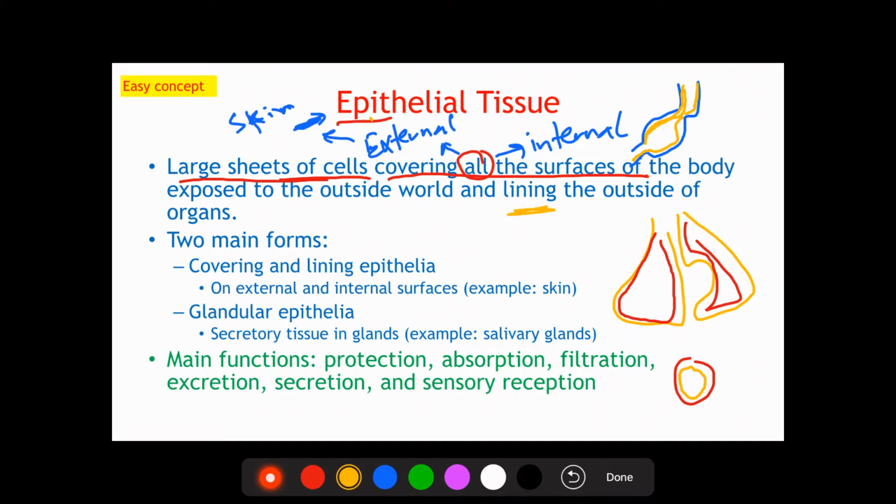One of the major forms of epithelial tissue is covering and lining epithelia. The other form is glandular tissue. These are secretory tissues in glands, like salivary glands or sweat glands. All of them are glandular tissue. Now, if we want to state a function for the entire epithelial tissue, it's hard because they perform different functions.